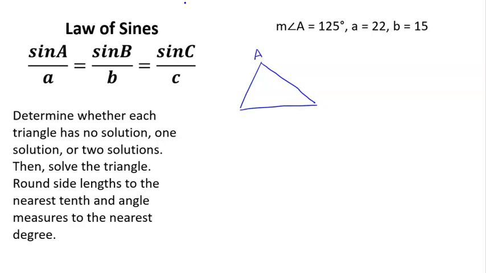And I'm going to go ahead and label it A, B, and C. And so with measure of angle A being 125, and then a is 22. That means it's across from angle A, and so I'm going to put 22 here. And then b is going to be across from angle B, so that's going to be over here.